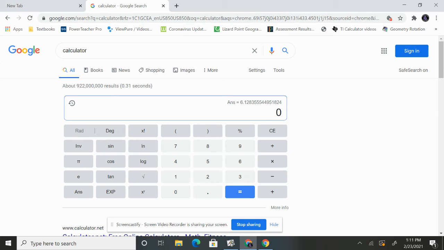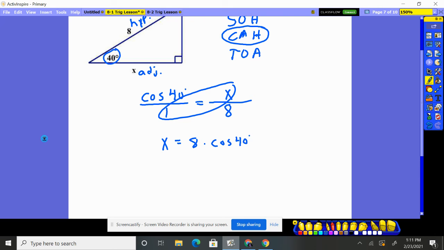You want to make sure that it's in degree mode. And what we wanted to do is 8 times the cosine of 40. So I do 8 times cosine 40, and it equals 6.12. So that will be our answer. So we'll go back here and we'll say, hey, X is approximately 6.12.